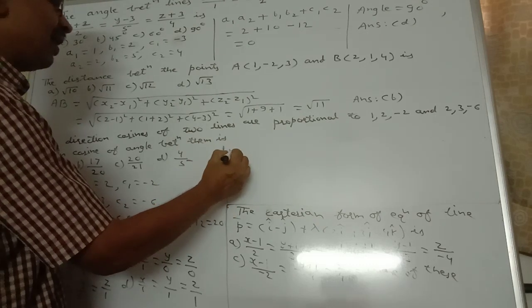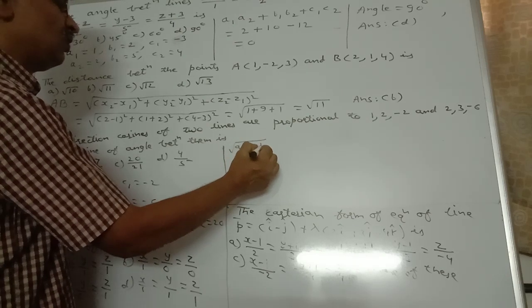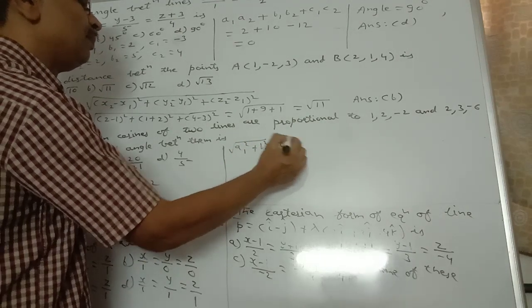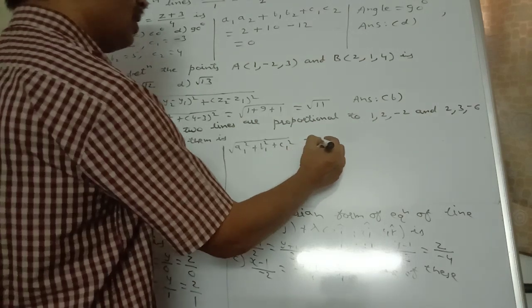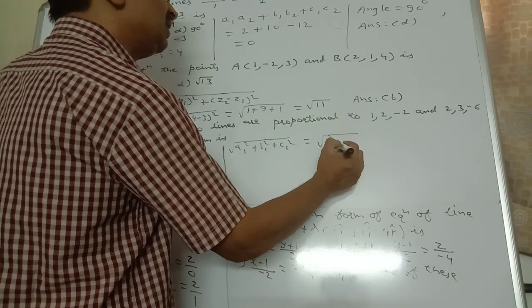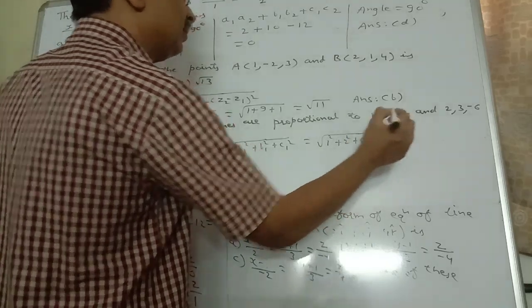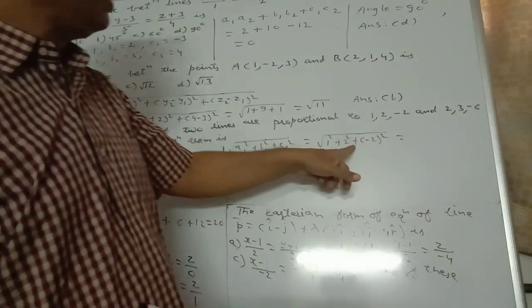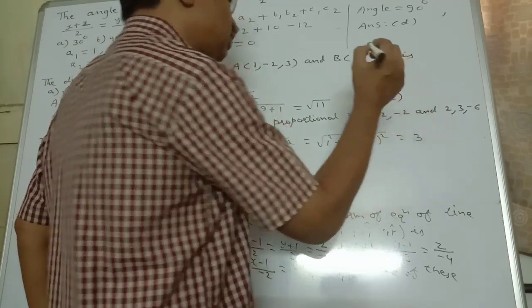Then we shall find under root A1 square plus B1 square plus C1 square equal to under root 1 square plus 2 square plus minus 2 square. 1 plus 4 plus 4, 9. 9 is a perfect square, square root 3.